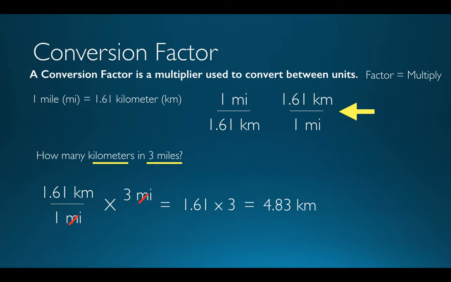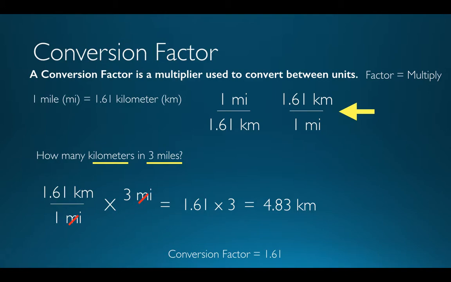So in 3 miles, there are 4.83 kilometers. My conversion factor for this problem, going from kilometers to miles, is 1.61. So I will take the number of miles that I have and multiply it by 1.61, and that will tell me how many kilometers there are in that many miles.